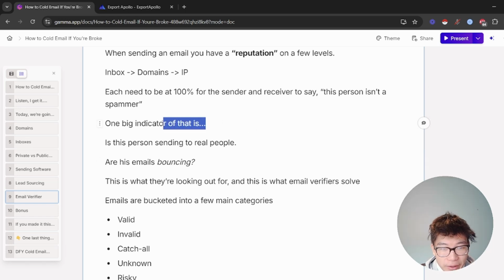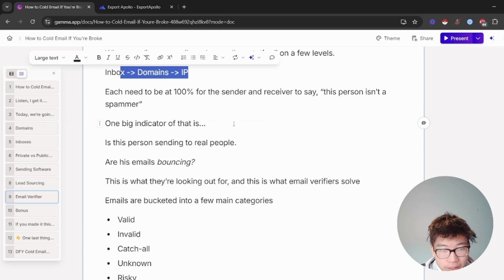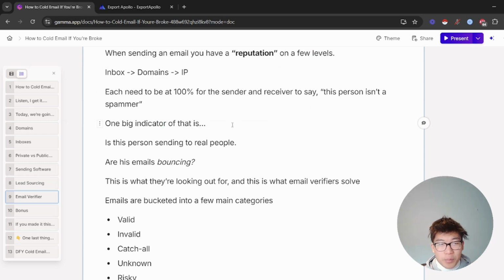One big indicator of any of these being at 100% is whether the person is sending to real people, and are his emails bouncing? So if you've ever sent to someone and you receive a response back saying mail not delivered or mail undelivered, something like that, that's it coming back to you and just saying this isn't a real person.